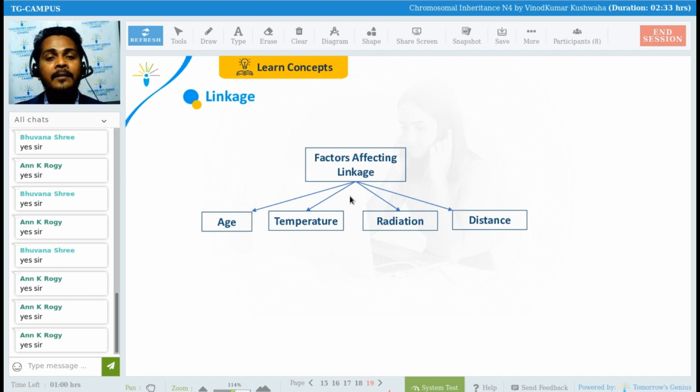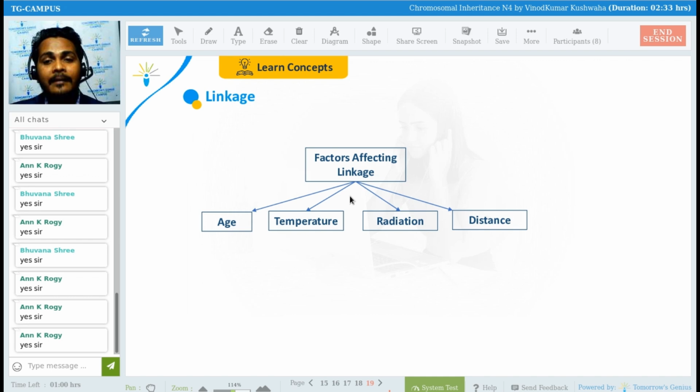If the temperature is high, there is a greater chance of crossing over, and therefore the strength of linkage decreases. So if the temperature is high, crossing over takes place, but the disadvantage is that it decreases the strength of the linkage.